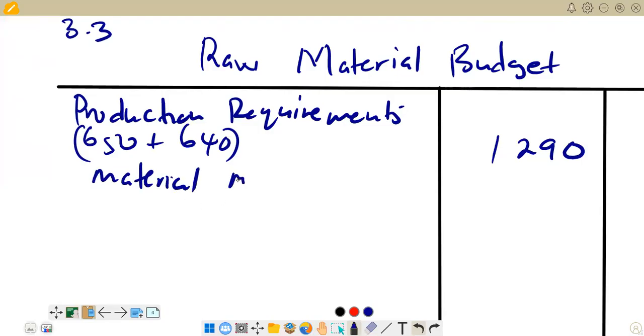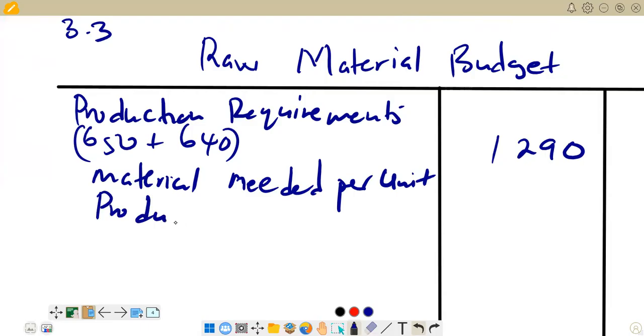The idea here is that we calculate 1,290, then we multiply by the material per unit so that we get the production needs. So the figure that is going to come here is the production needs.